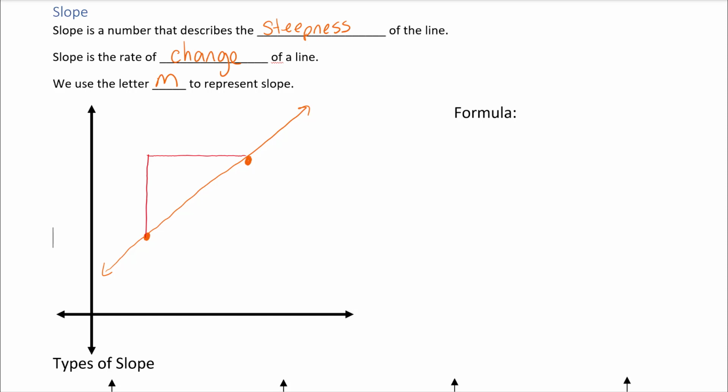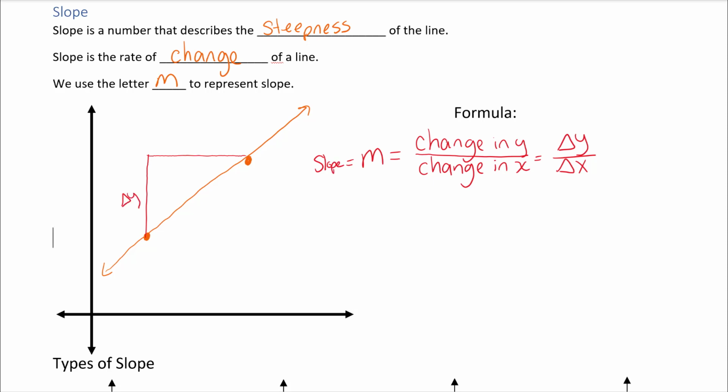So m is the change in y over the change in x. Shorthand, we write this little triangle, or delta y over delta x, which we pronounce the change in y over the change in x, okay? And this is slope.